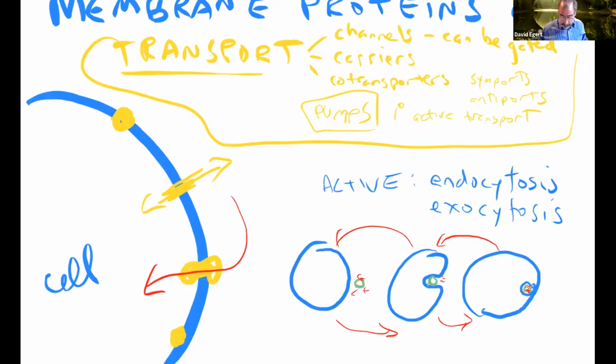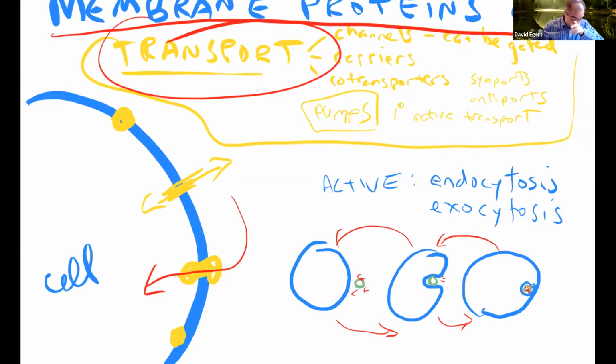But back here, membrane proteins, transport. I think at this point we have covered the main transport. Now we can talk about what's another type of membrane protein that we got.